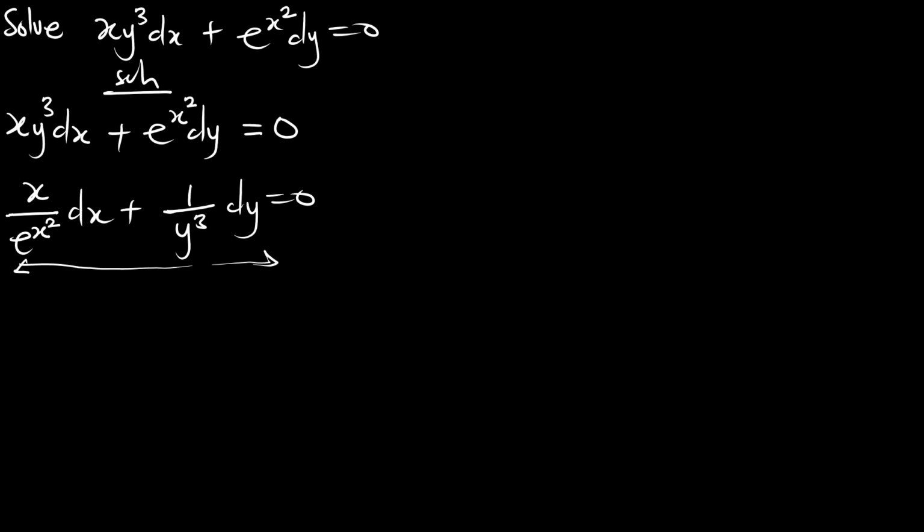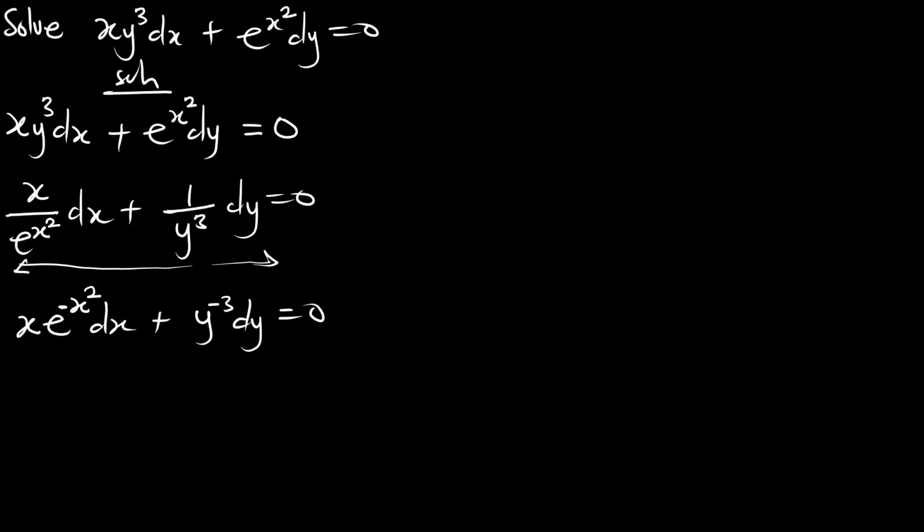So we now rewrite the equation as x e to the negative x squared dx plus y to the negative 3 dy is equal to 0.